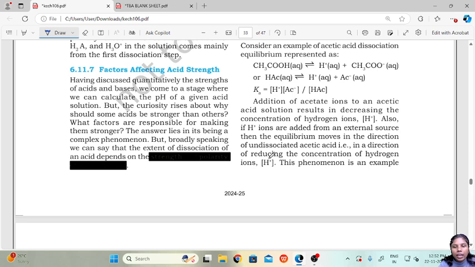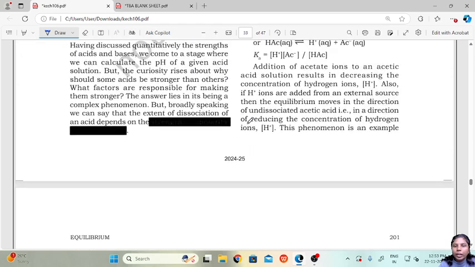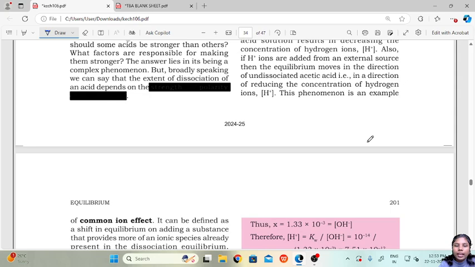Also, for the hydrogen ions added through an external source, through some other salt being added, the equilibrium moves towards the undissociated side, wherein the CH3COOH is not dissociated, and in turn it reduces the concentration of hydrogen ions. This phenomenon is an example of the common ion effect, because we already have acetic acid which has acetate ions, and in turn we are adding more of it. So the common ions are being cancelled out.